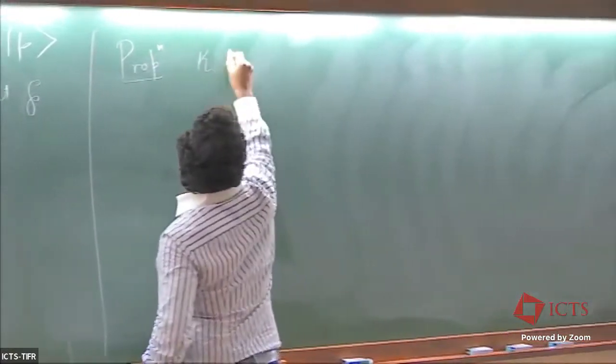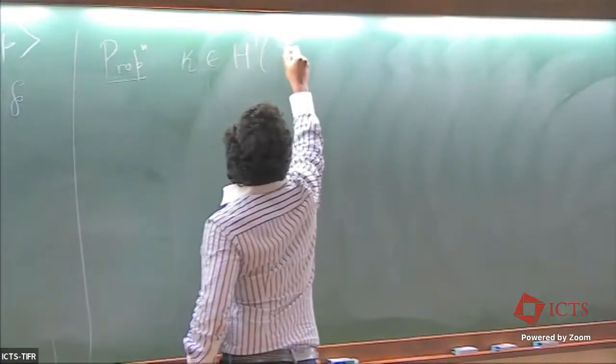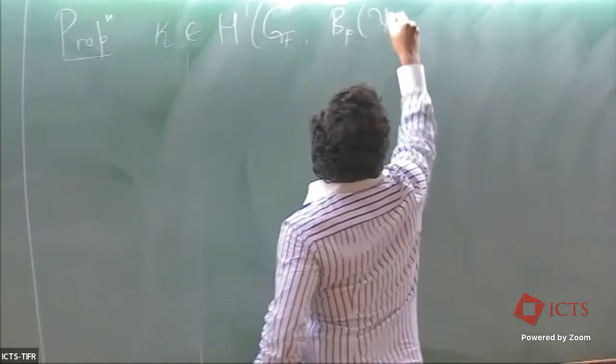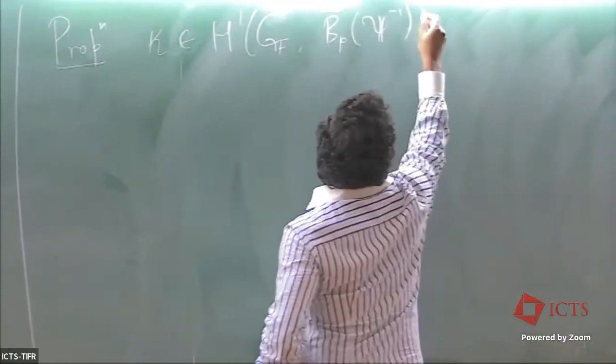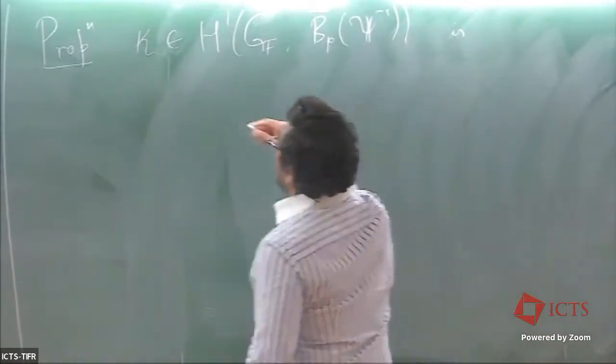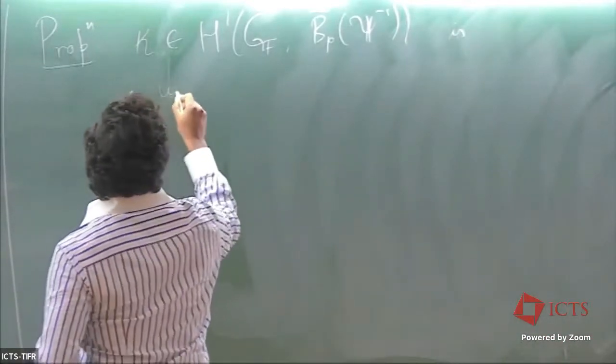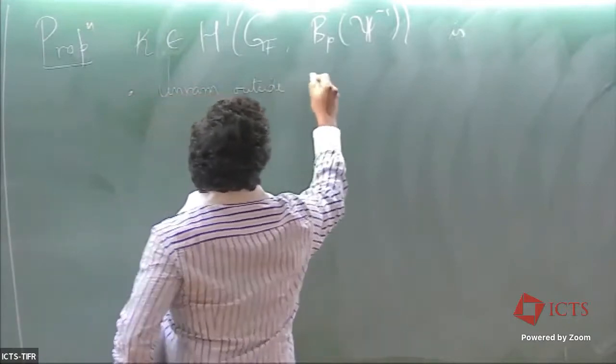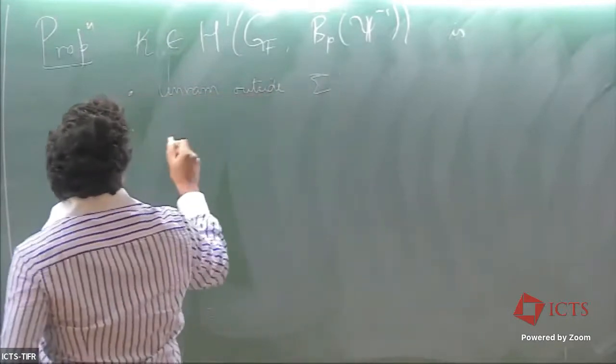So kappa, as an element of H1 of G_F with coefficients in E_P, psi inverse, is unramified outside sigma prime at most.